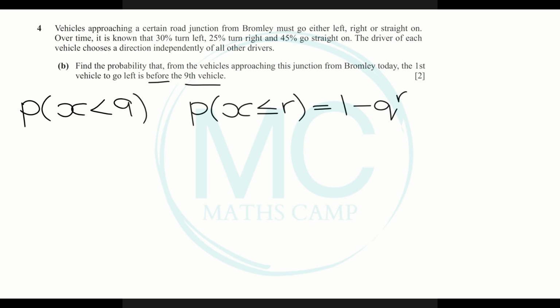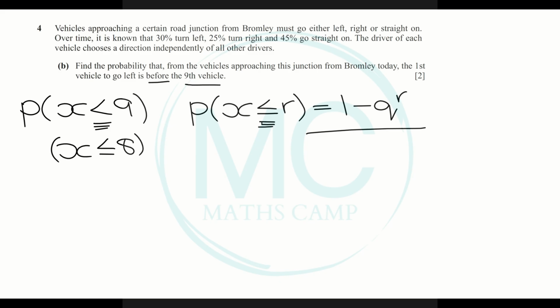We are looking at X values smaller than 9, but for the formula, it is smaller than or equal to R. So in this case, smaller than 9 means that X has to be smaller than or equal to 8. This is our R value. Please learn this formula. It is not in your formula sheet.